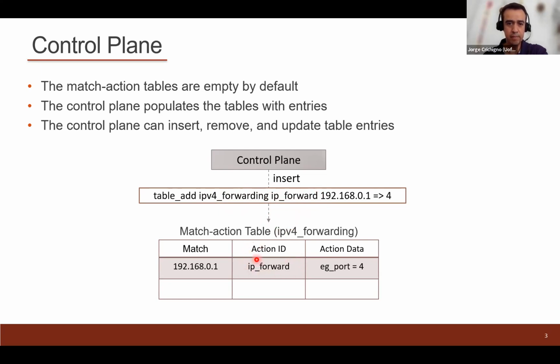Again, any table has 3 columns: the key, which we're calling here match, but this is really the key; the action ID, what to do if there is a match; and the action data. This action data is optional, but in this example, the action data is 4, and the key is 192.168.0.1.